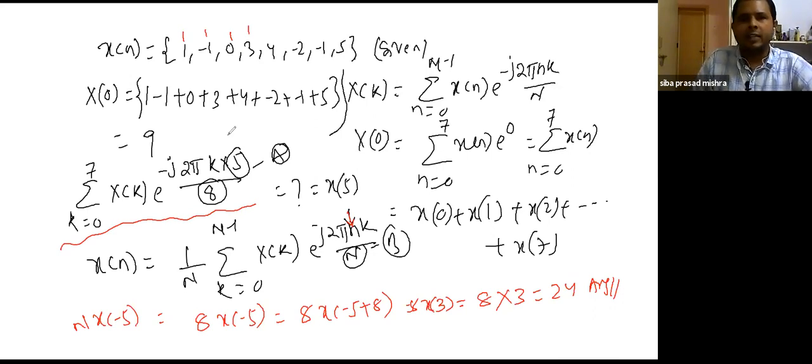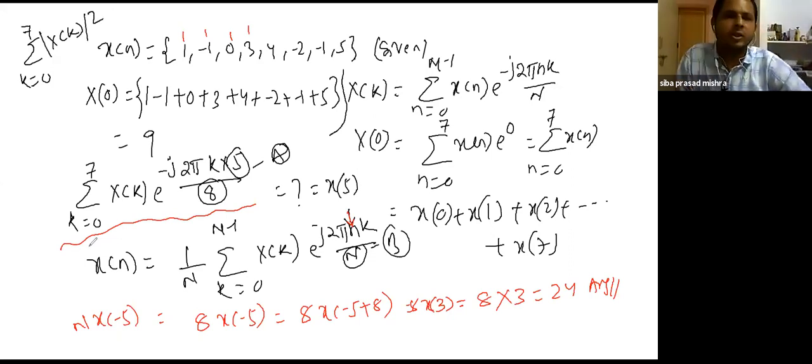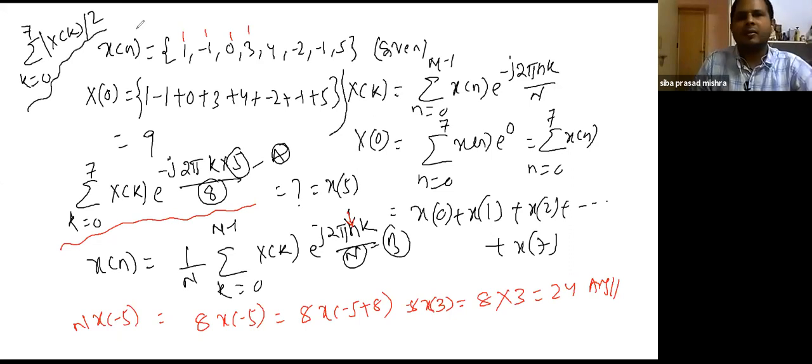Clear? Now, the same way, can you find this value? Same process, summation of k 0 to 7, magnitude square of x of k. Yes or not? You can use Parseval's theorem. Use Parseval's theorem to find this value.